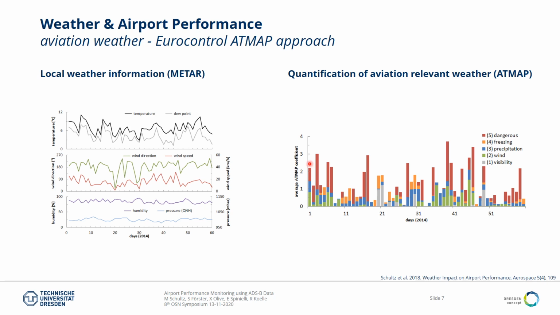Here you can see dangerous events, things like thunderstorm or heavy rain conditions, are very prominent, and this comes on some days with freezing condition and some windy condition as well. Normally for the UpMap, if per day the UpMap coefficient is higher than 1.5, you will talk about bad weather. And as you can see here, there are some bad weather days.